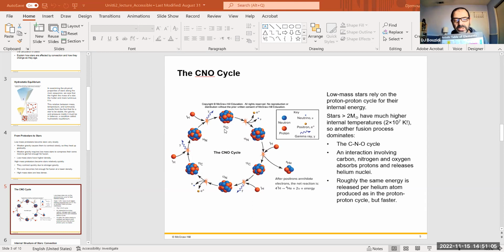Now you have oxygen, but this is a weird oxygen. This is oxygen 15. Most of the oxygen in nature is 16: 8 protons and 8 neutrons. Whereas this one has 8 protons, like it should, but only 7 neutrons. This is not stable either.